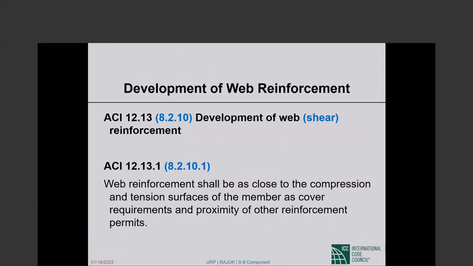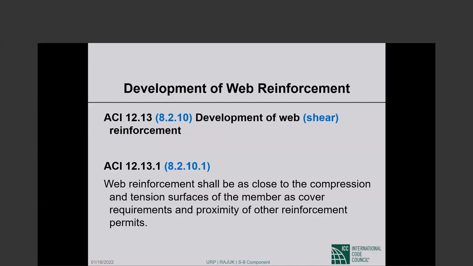Now, development of web reinforcement. This is the stirrups and things that you use. Quite a bit of the provisions is devoted to welded wire reinforcement being used as stirrups or shear reinforcement.